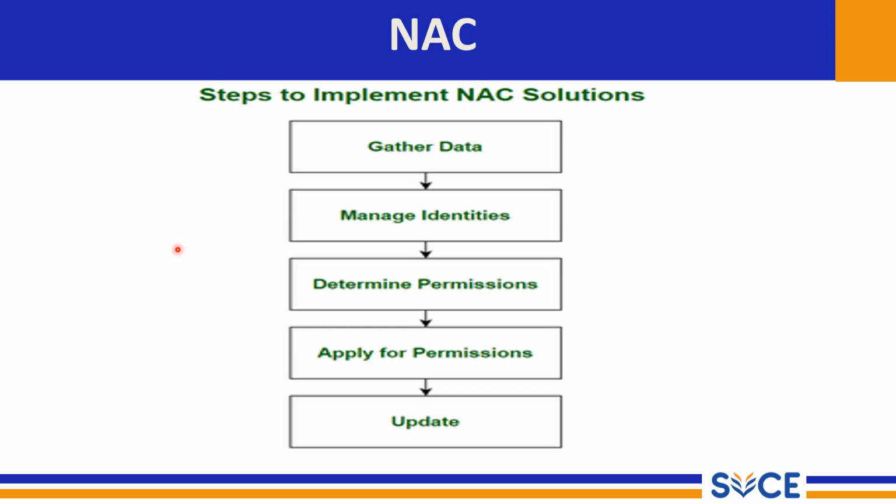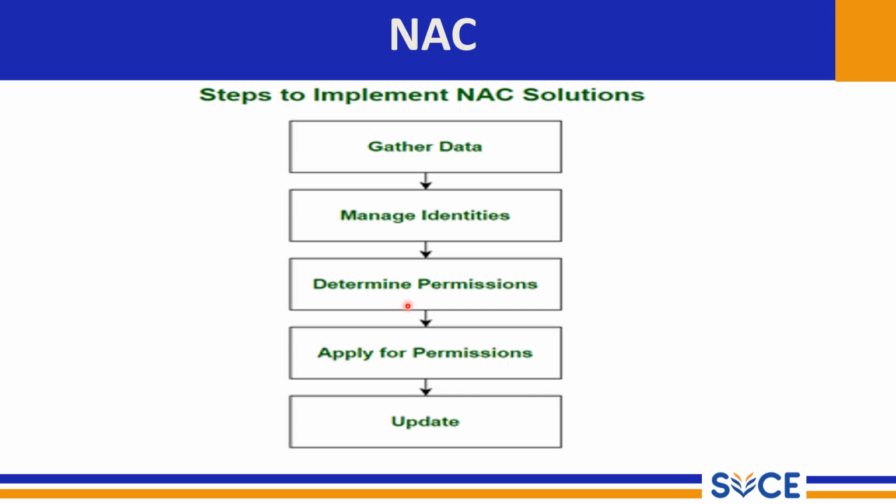In gather data, it performs an exhaustive survey and collects information about every device, user and server that has to interface with the network resources. In manage identities, it verifies the user identities within the organization by authentication and authorization. Determine the permission means creating the permission policy stating different access levels for identified user groups.